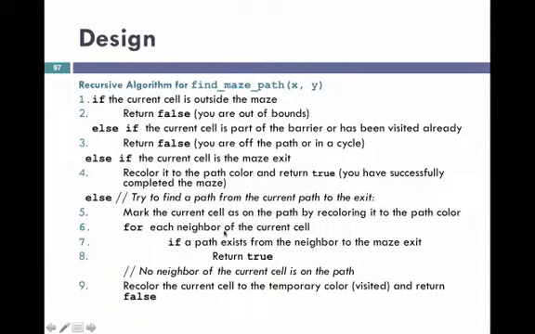Then for every neighbor cell of the current cell, and our neighbors are defined as being those directly horizontal or vertical to the current cell, we don't consider a diagonal cell to be a neighbor. If a path exists from the neighbor to the maze exit, then we return true. Now, if no neighbor of the current cell is on the path, then we recolor the current cell to the temporary color visited, and we return false.